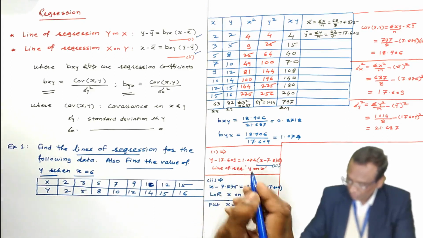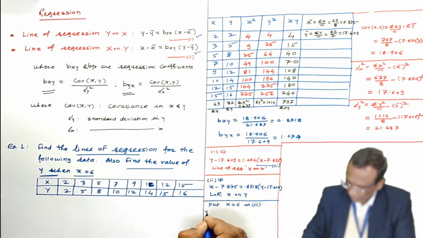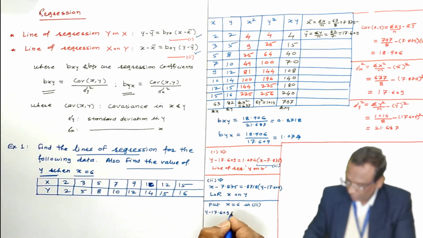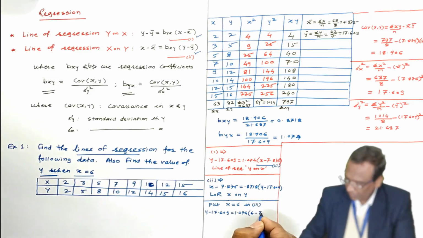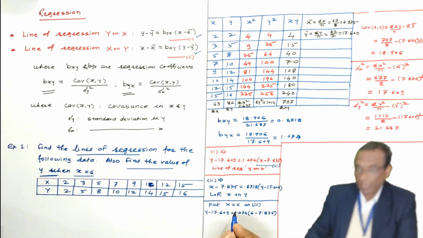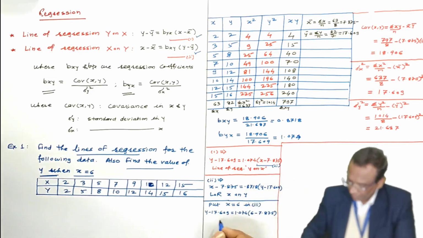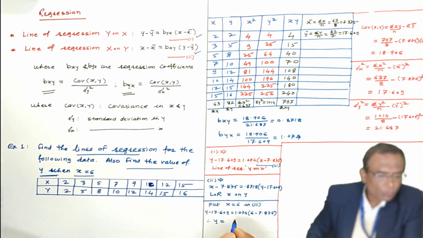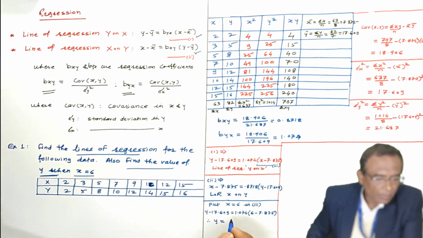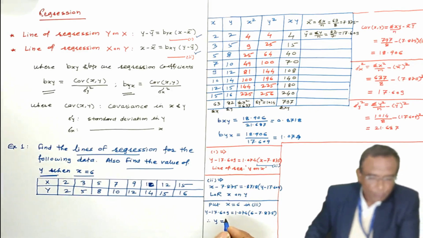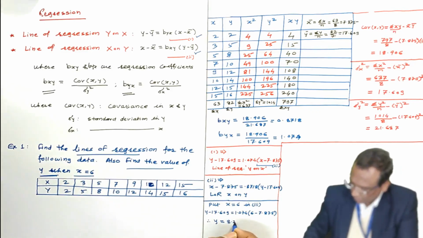If you put x equal to 6 in equation 3, it will be y minus 17.609 is equal to 1.074 times 6, which is 7.875, is it? I have substituted x equal to 6 here. Therefore, y is equal to 8.237.